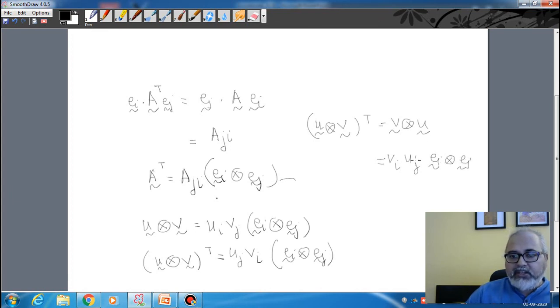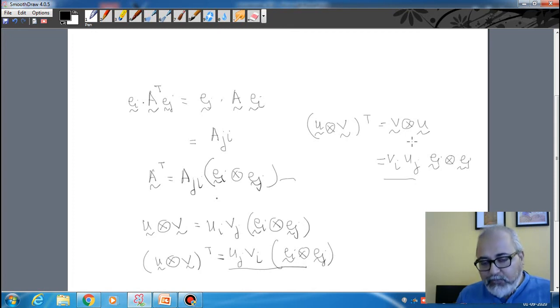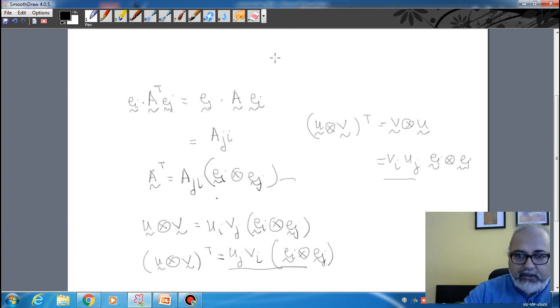We will have these components, which is the same as what we have here. So U dyadic V transpose is simply the reverse of the order of the two vectors. It's V dyadic U.